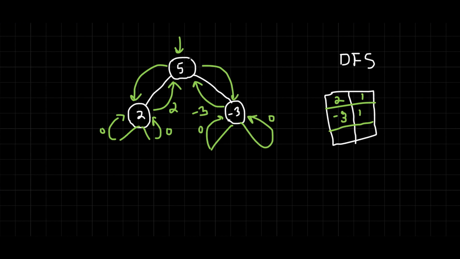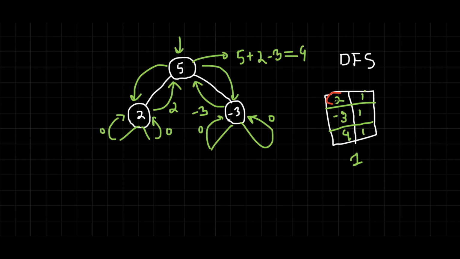Now we are at this root node 5 and it will return the value 5 plus 2 minus 3, which is equal to 4. So here the frequency of 4 will be 1. So far we have calculated the frequency of each of the subtrees, and here we can see that the most frequent frequency will be 1, and 3 of the subtree values have the frequency equal to 1.